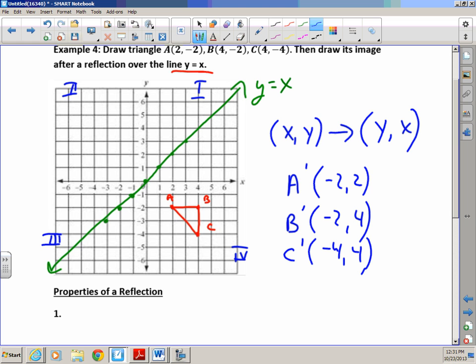And when you plot those coordinates, you will see how your figure flipped. The other way to look at it is I can draw a line from A to A prime, from B to B prime, and from C to C prime, straight through.